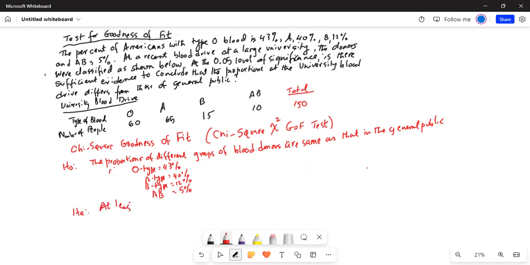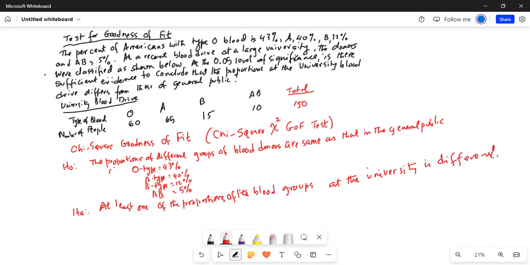is that at least one of the proportions of the blood groups at the university is different from that in the public.